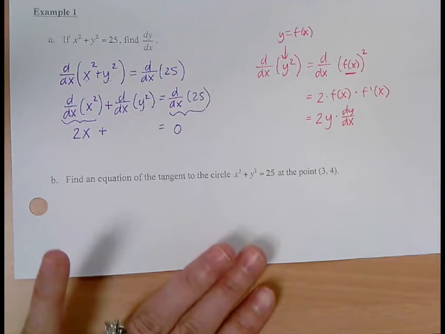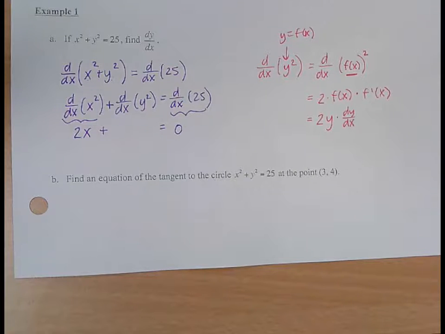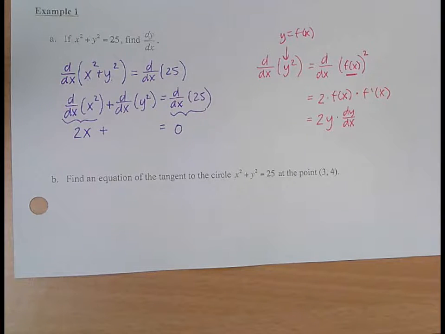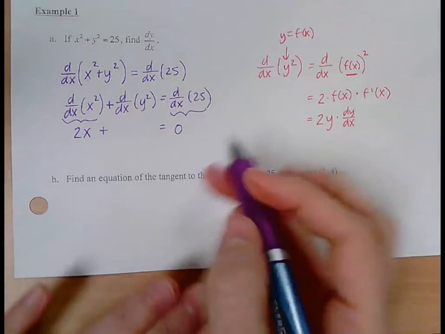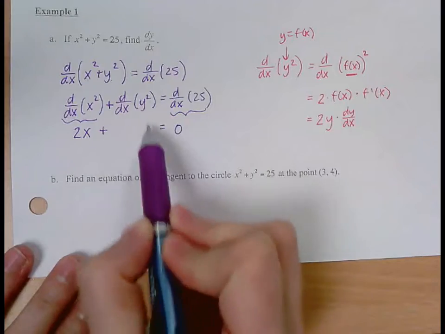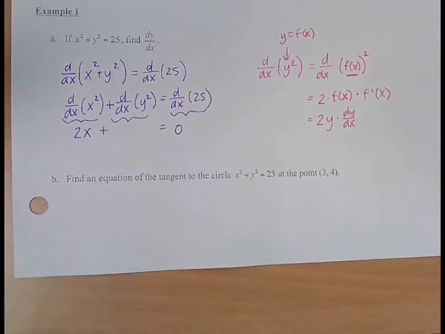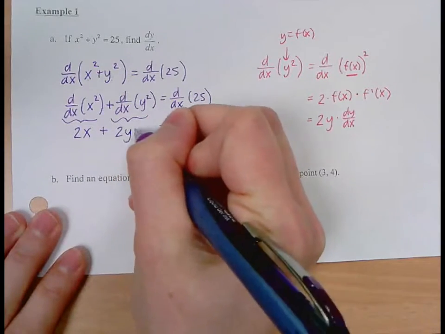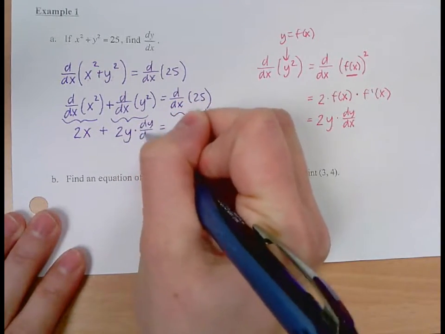If you want to use the Leibniz notation, it doesn't matter to me which way you write it. I tend to write dy dx so that I don't confuse y prime with y to the first power. That's why I use this notation, but whatever you want to use is up to you. So this is what I would write here when I take the derivative with respect to x of y squared. I get 2y times dy dx.